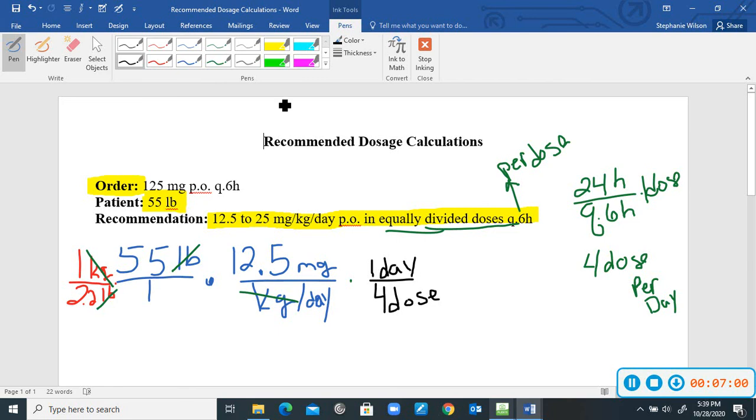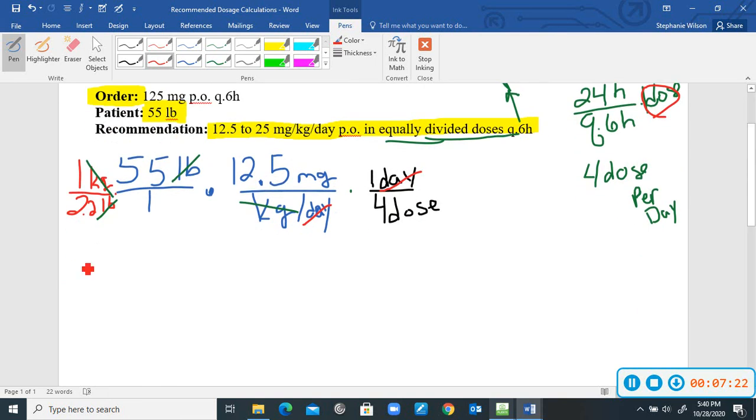So now let's go through here, and my days reduced, right? Now I'm left with milligrams per dose. And kind of see where I was going. If I was to add this in there, I'd have to be careful with this part here, because we don't want to set the unit in the wrong place.